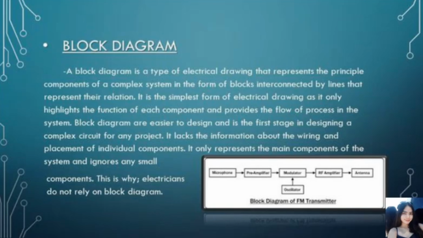Block diagrams are easier to design and is the first stage in designing a complex circuit for any project. It is deficient in information on wiring and component placement. It only represents the system's main components and ignores any small components. So that's the reason why electricians do not rely on block diagram.